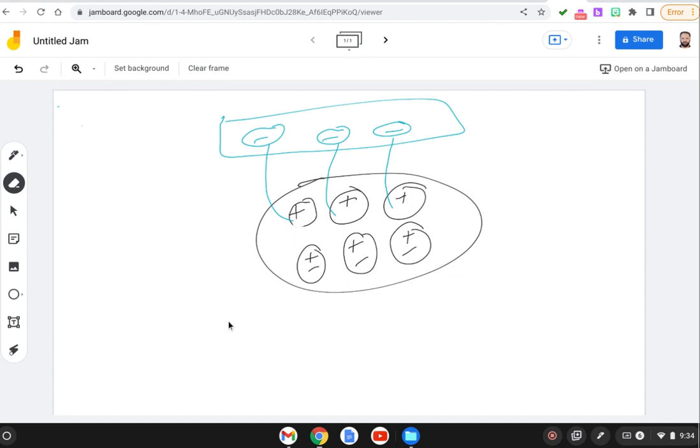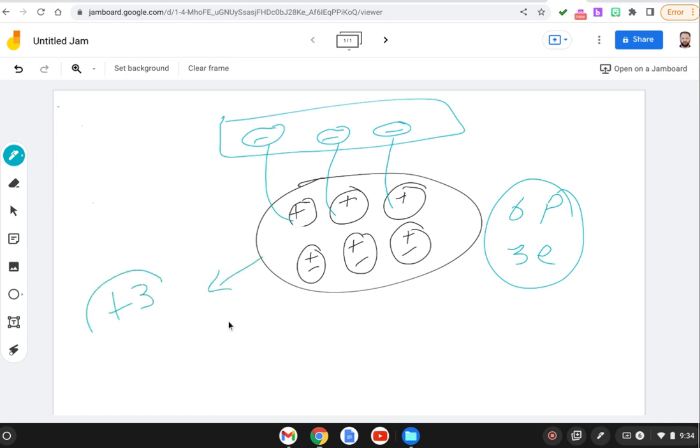Now look here, number of proton here, 1, 2, 3, 4, 5, 6 protons, and 1, 2, 3 electrons are there. So it means protons are more, so it means charge on this is +3. And charge on the wool is, how many electrons went there? 1, 2, 3. So -3.